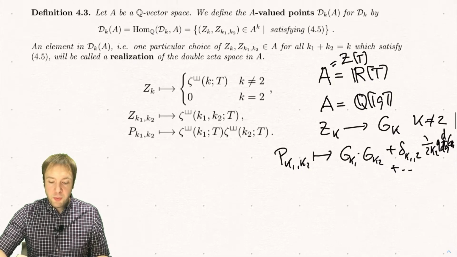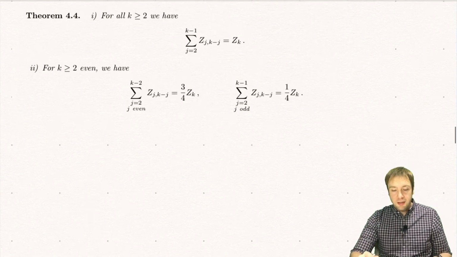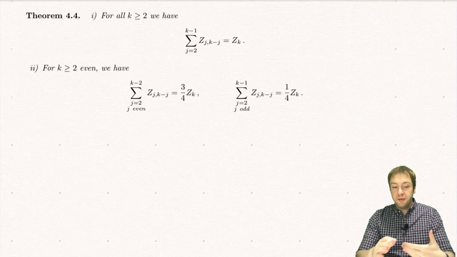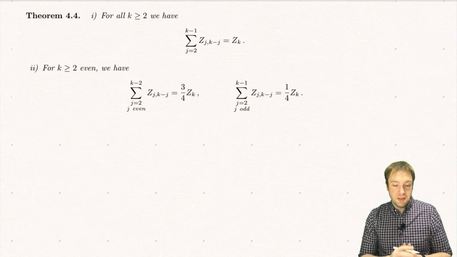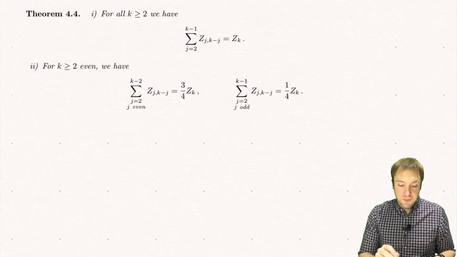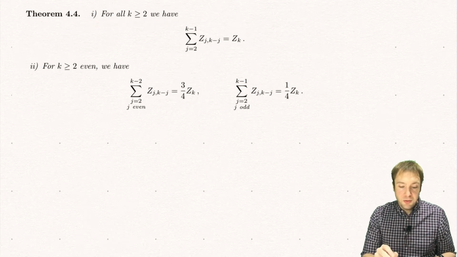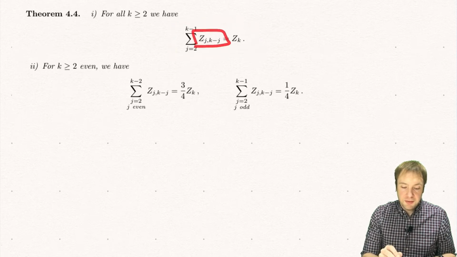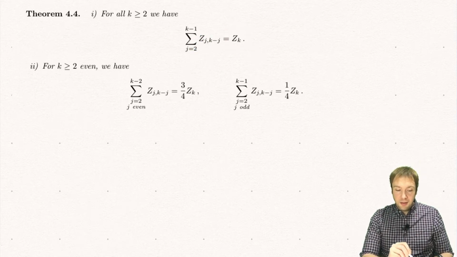Okay, so now we want to prove our first family of linear relations in this space dk. And again, every time we prove a linear relation in the space dk, of course, every realization will also satisfy these relations. The first thing we want to prove is the sum formula in this space. So for all weights k greater or equal to 2, we have that the sum of these double z k1, k2, where the first entry is greater or equal to 2, equals this symbol zk.